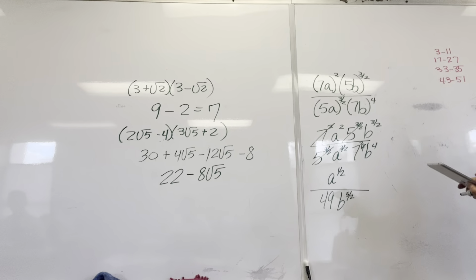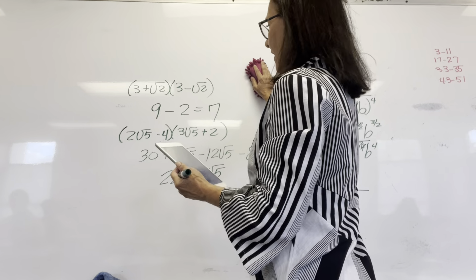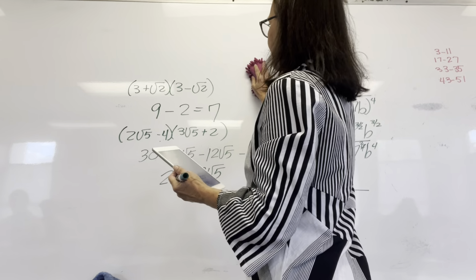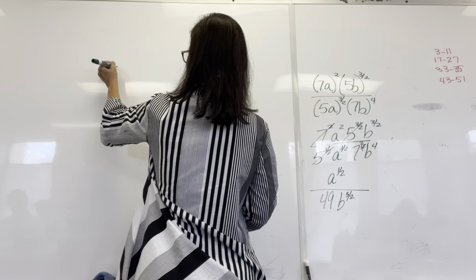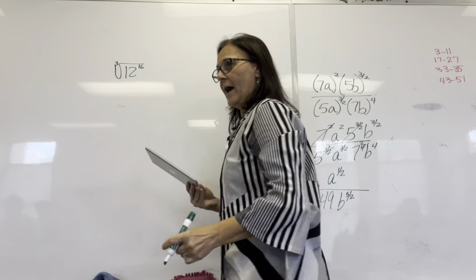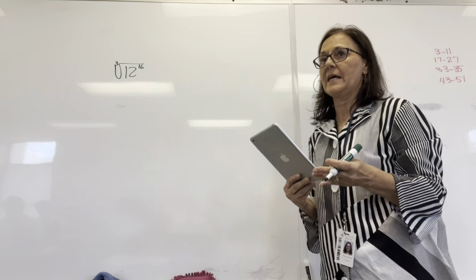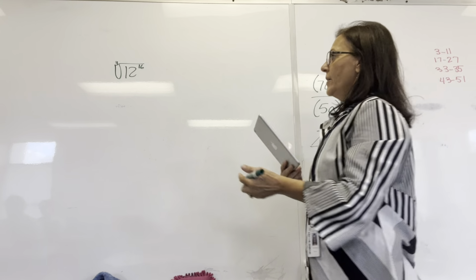All right, 17. The cube root of 12 to the 16th. We're going to take what's out of the radical, what we can. How many 12s can we take out? 5.